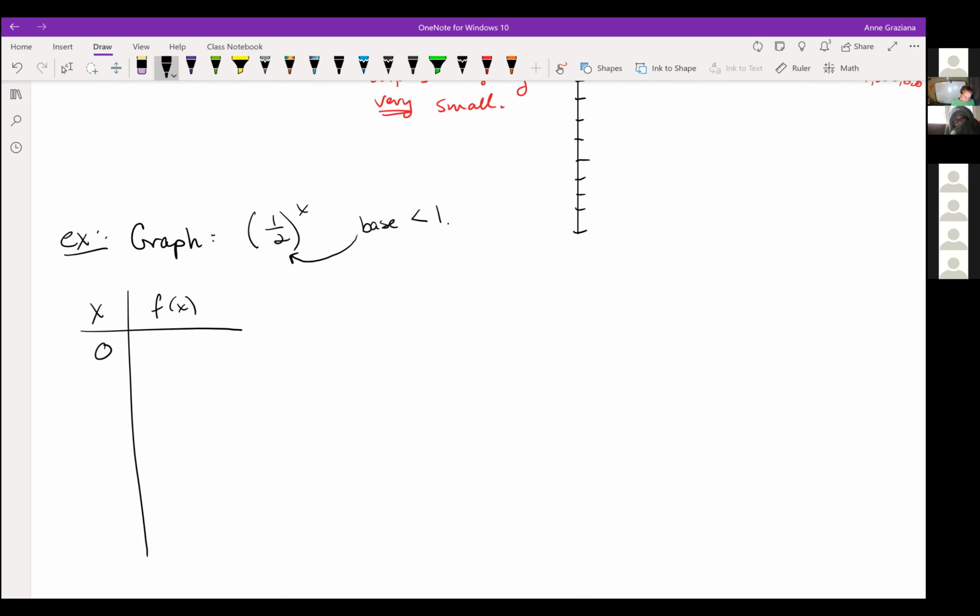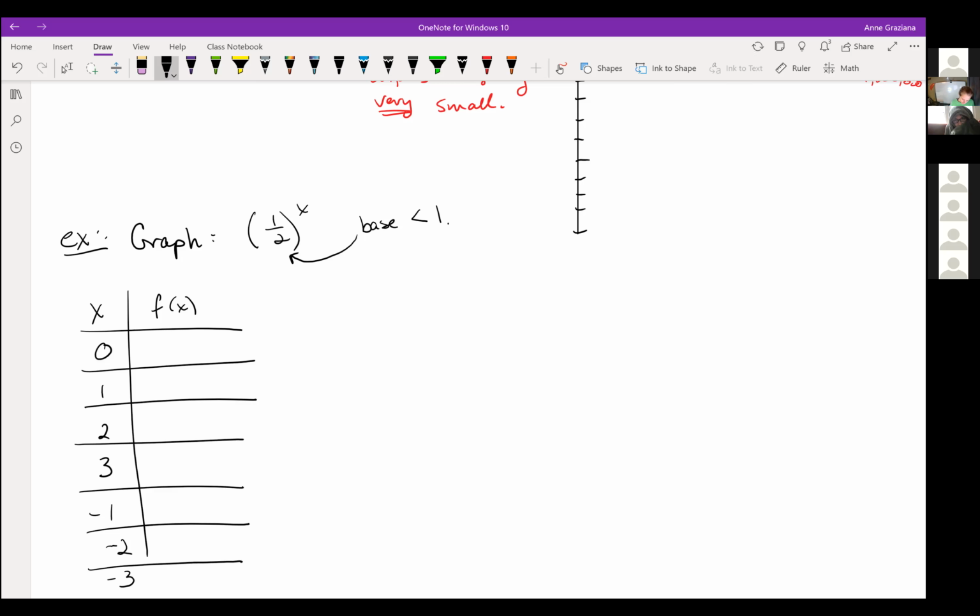I'm going to put in 0. We want 1, 2, and 3. And then I want -1, -2, and -3. So go ahead and see if you can figure out those calculations on your own. Give you a couple minutes.